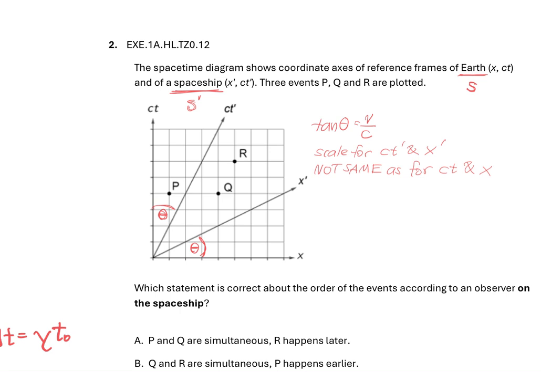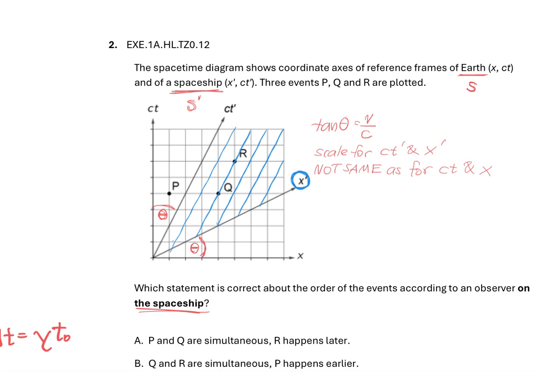Now it's asking about the spaceship, and so we need to plot these points, or graph them according to the grid, I should say, of the S prime. So basically, I'm going to draw lines that are parallel to the axes for S prime. I'm going to use color for this.